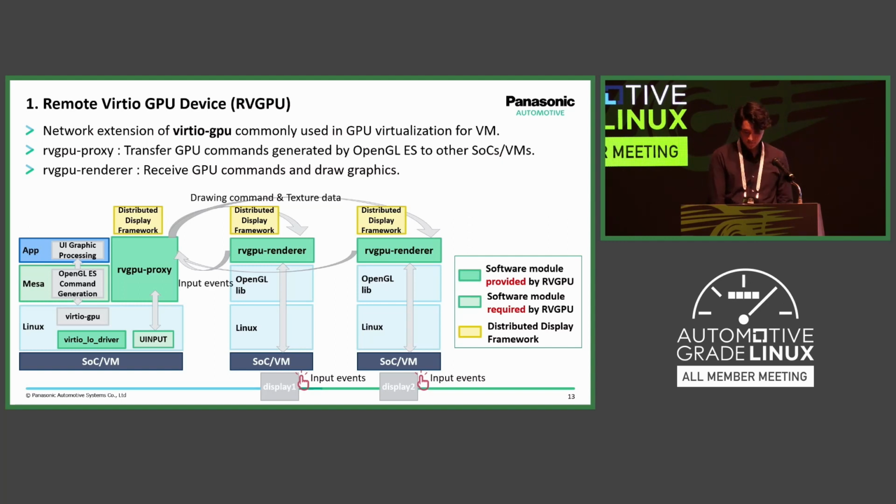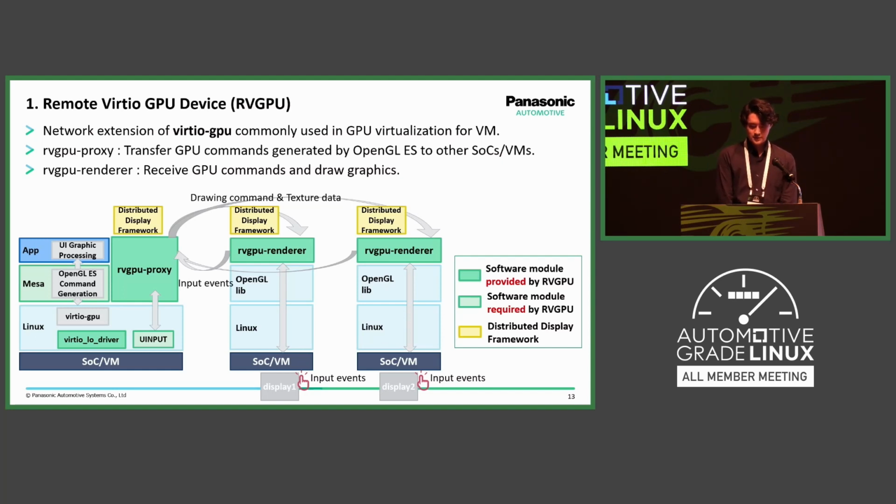The RVGPU proxy transfers GPU commands generated by OpenGL ES to other SoCs or virtual machines. And the RVGPU renderer receives GPU commands transferred by the RVGPU proxy and renders application graphics using those commands.